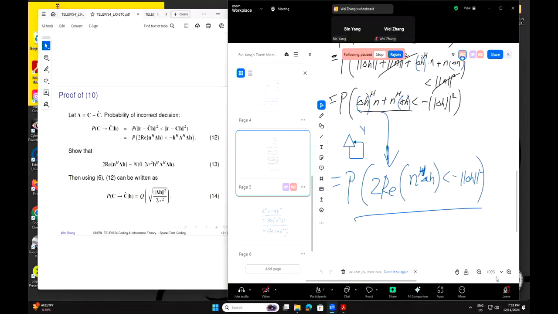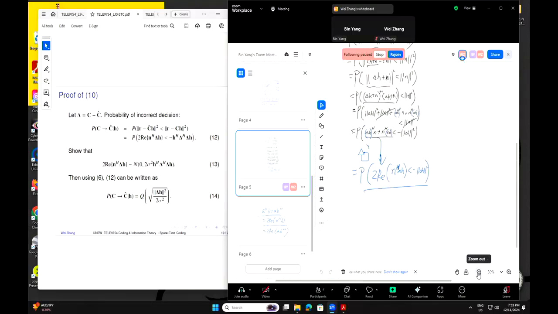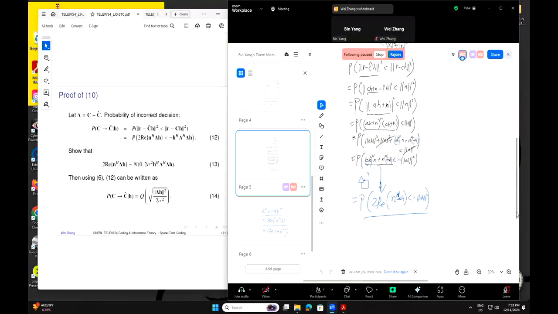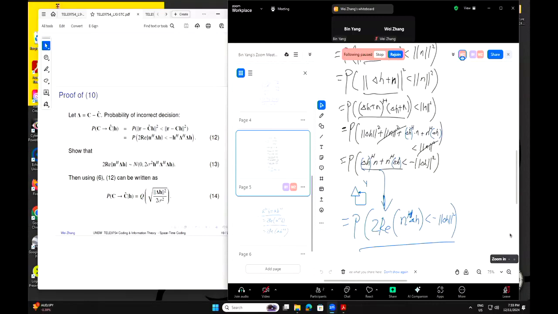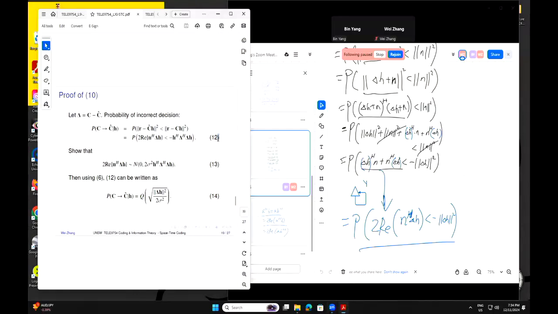Okay, and then I make it smaller so you can see clearly what I'm writing here. That is because the form is like x conjugate plus x, that is two real x. So that's why I say two real x smaller than minus delta H square. And that's exactly what I wrote here, equation 12.